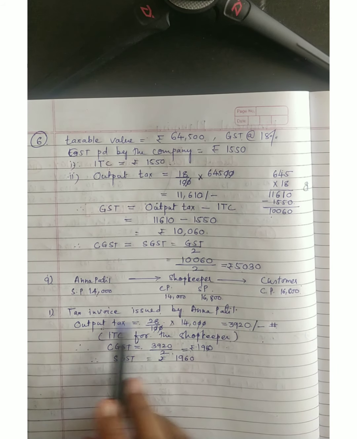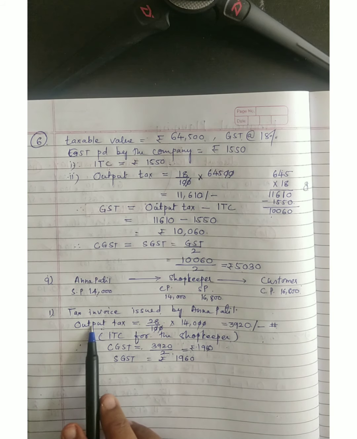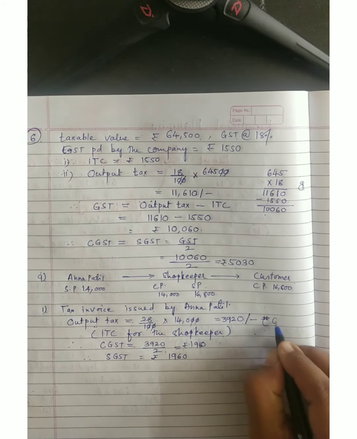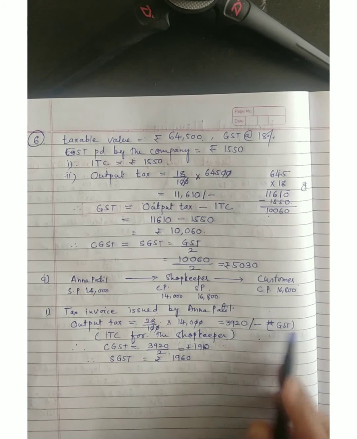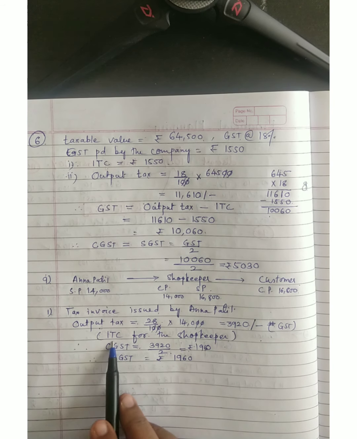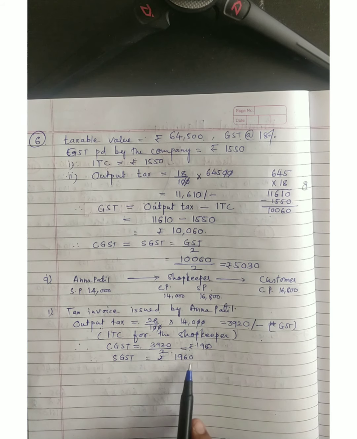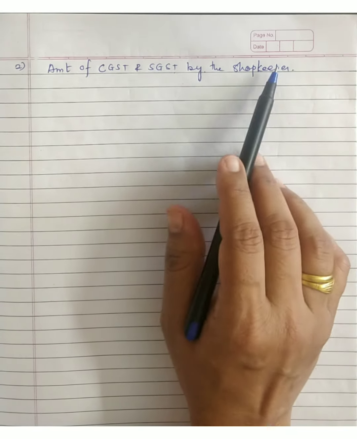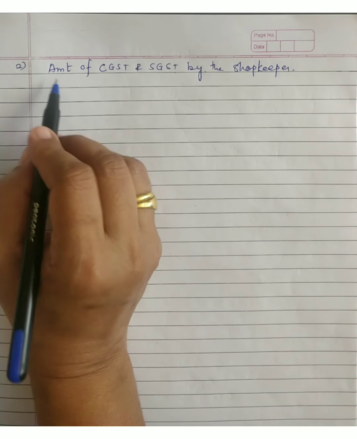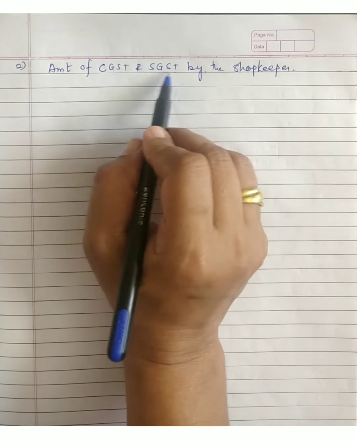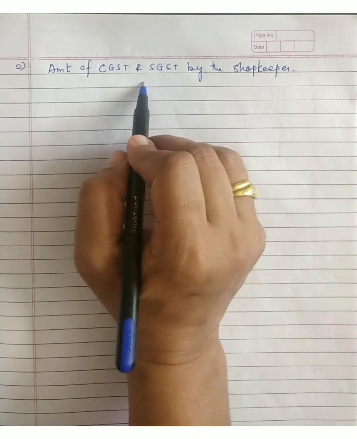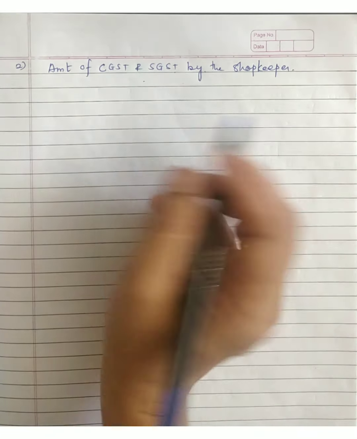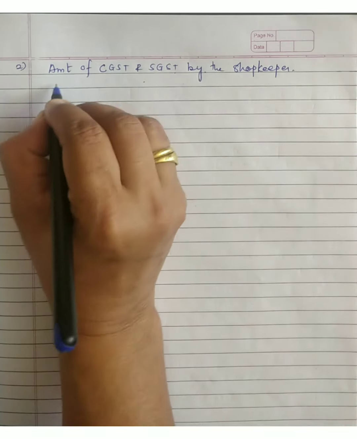The first part is the tax invoice issued by Mr. Anna Patil. First calculate his output tax, which is also his GST, and that is input tax for the shopkeeper. And so CGST, SGST is 1960. For the CGST and SGST by the shopkeeper, you will have to find the tax collected by the shopkeeper, or his output tax, or the GST paid by the customer. All the same.